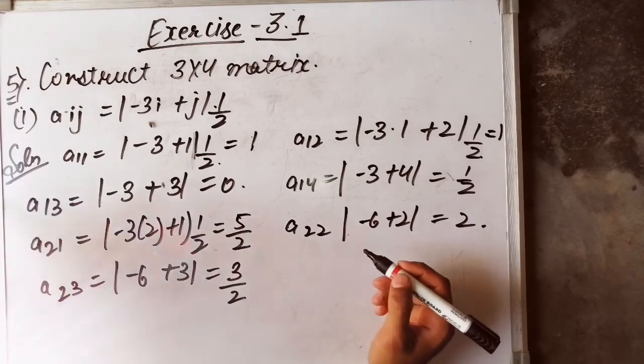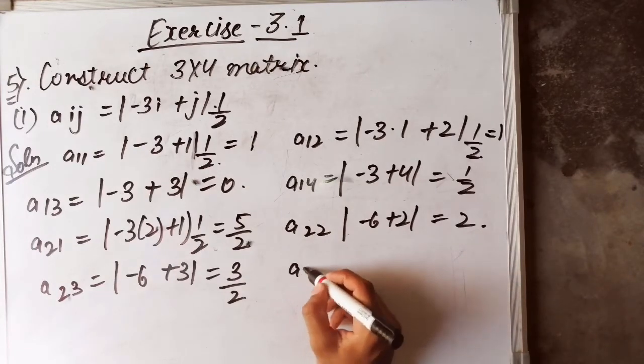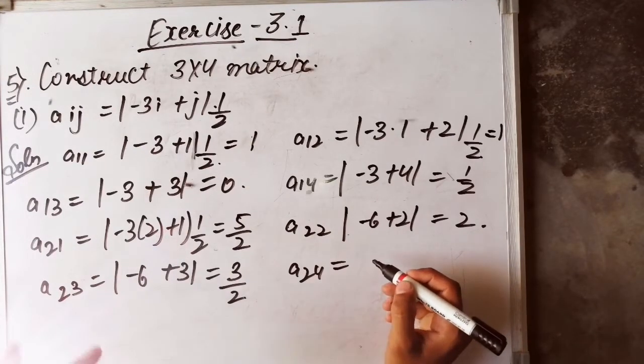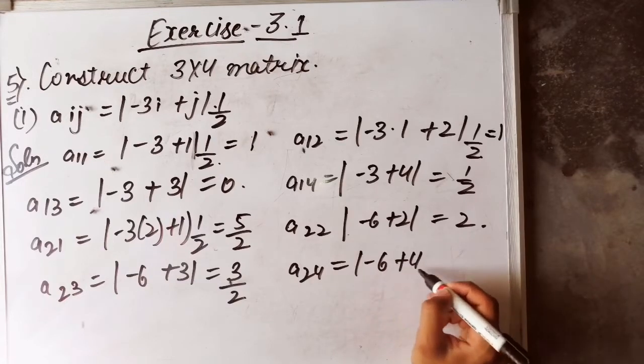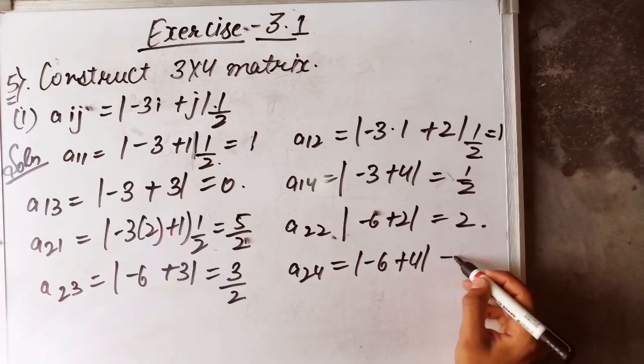Okay, now let's see a24. a24 is −6 + 4, which gives us 1.